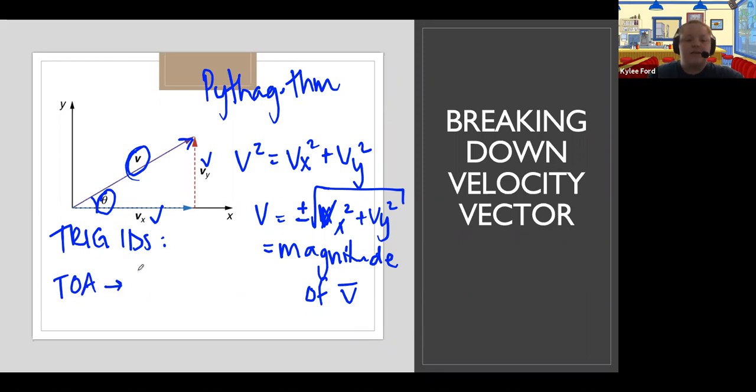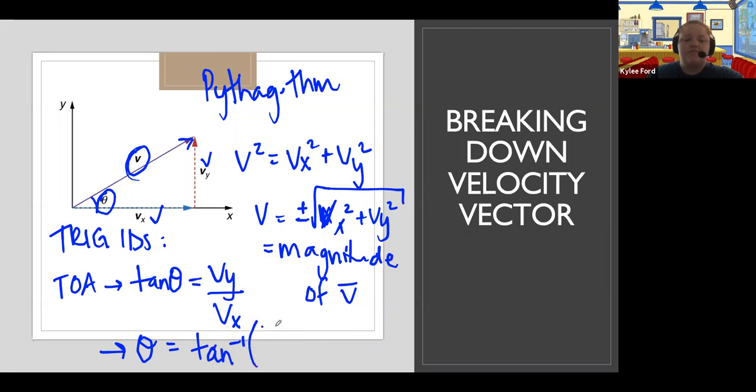So that is going to tell me I can have tan theta equals my opposite, Vy, over Vx. And then I can solve for that theta, that angle, by taking the inverse tangent of both sides, or the arctangent of both sides. Tan inverse of my Vy over Vx. So now I can describe this motion of my velocity.